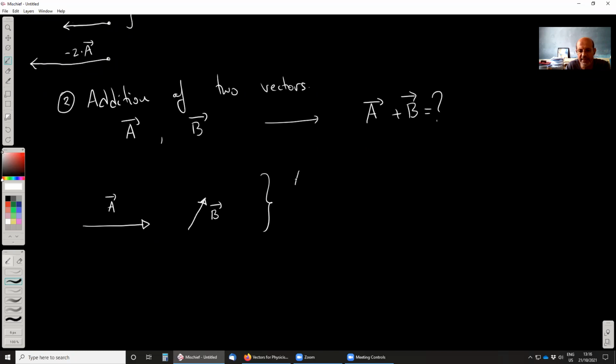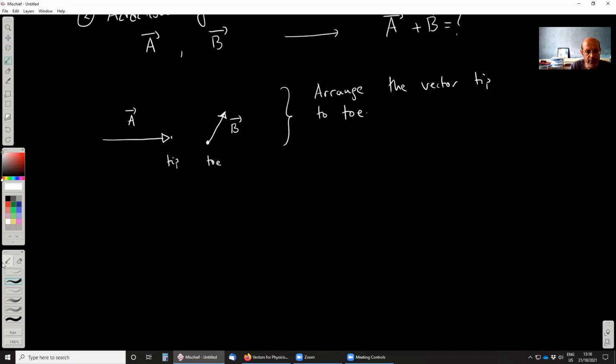So let me say it like this: I'm saying arrange the vectors tip to toe. Tip to toe. That means the tip of one of the vectors is the toe of the other vector, right? You can think of it like this. This is the tip and this is the toe.